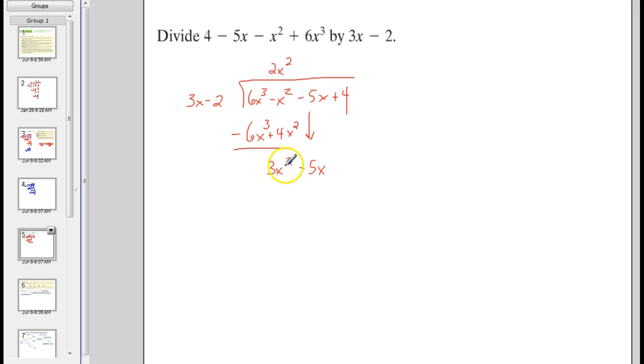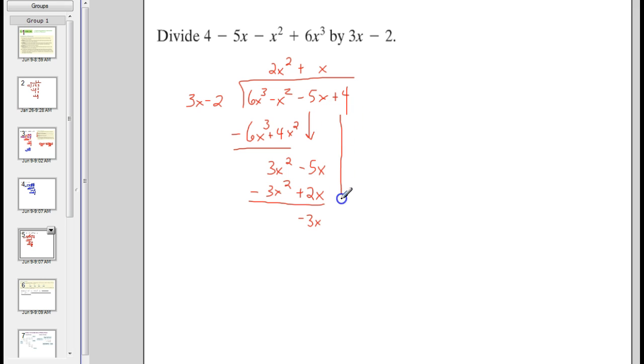I just need one more x, so I have positive x. X times 3x is 3x squared. X times negative 2 is negative 2x. Change this to minus, change this to plus. Minus 5x plus 2x is minus 3x.